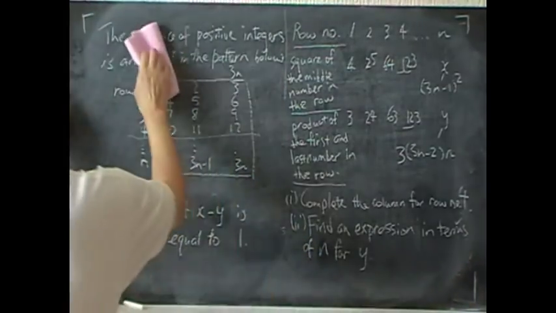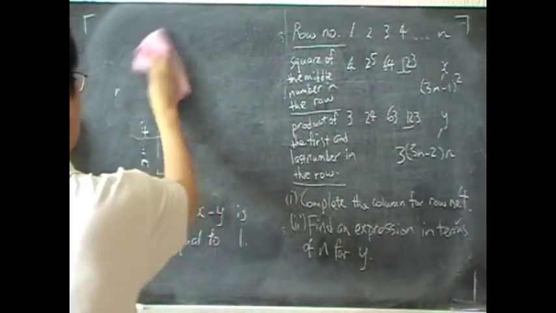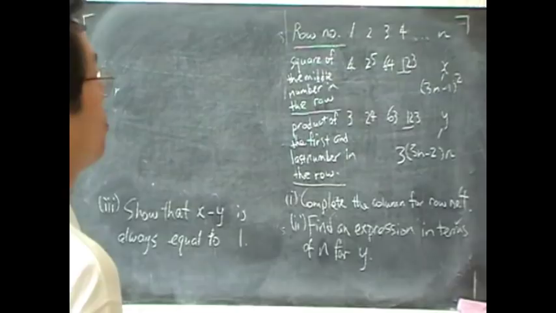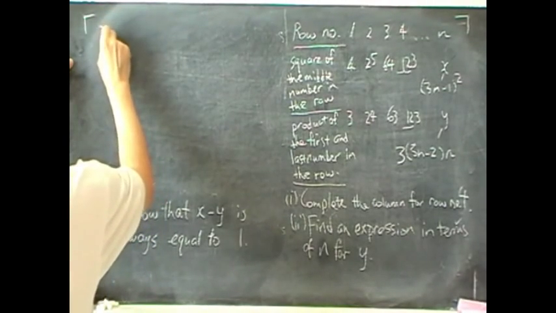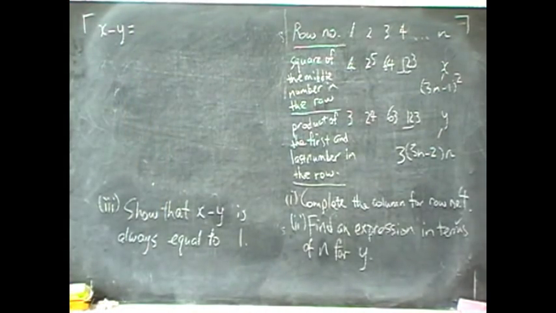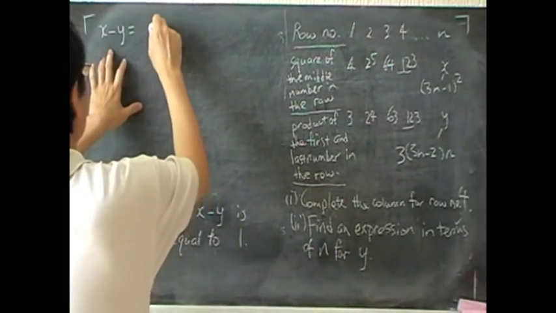Should be able to clear out this whole lot now. This is the last part of the question. So what we need to do is to find x minus y. And x is 3n minus 1 squared.